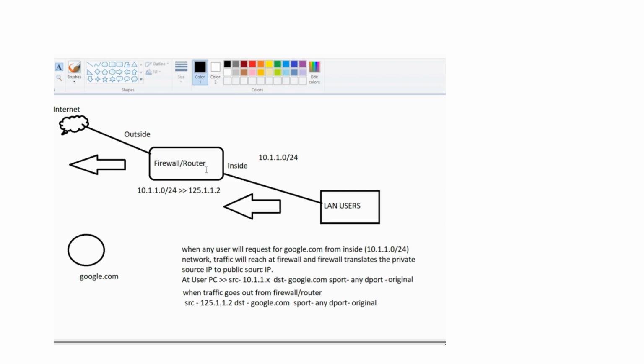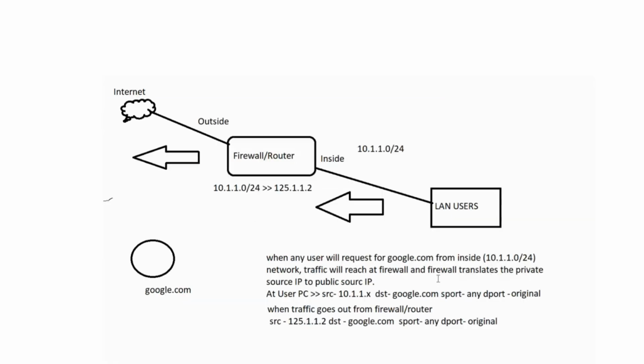And traffic comes on the firewall, and firewall checks all the routing part, policies part, and when the traffic goes out from the firewall it does the netting. We have defined the configuration at the firewall for the netting.